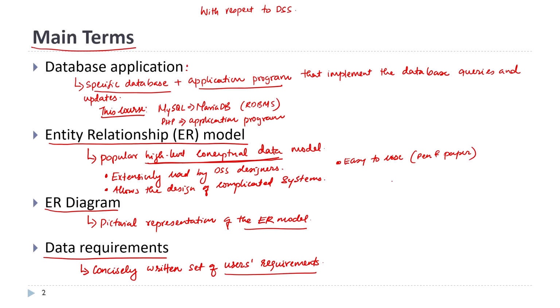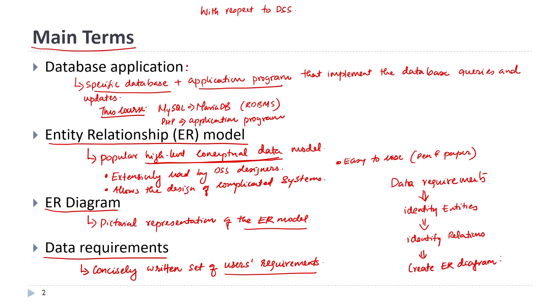the rule is like this: from the data requirements, identify entities, then identify relations, then create the ER diagram.